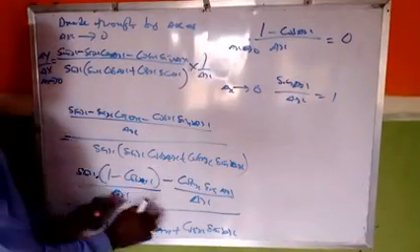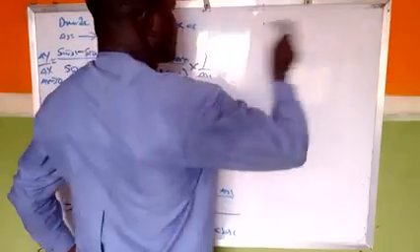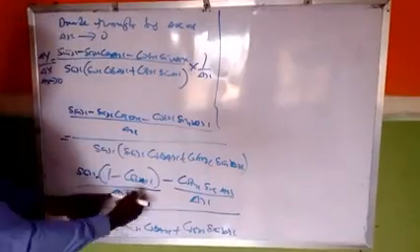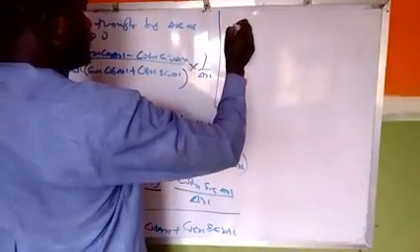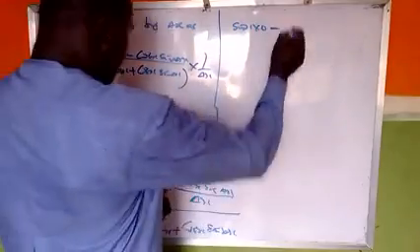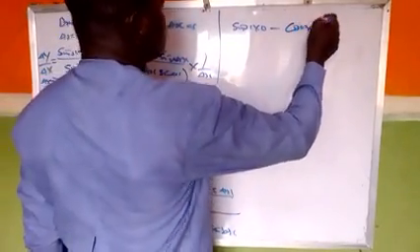This one will be 0 and this one will be 1. So here you will have sine x times 0, then minus, since this is 1, cos x times 1.